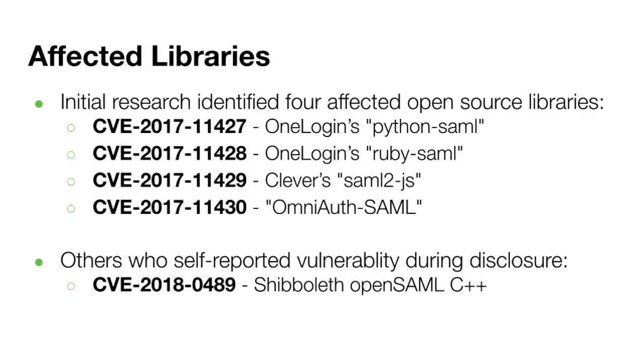The initial research identified 4 open source projects that were affected: Python SAML, Ruby SAML, SAML2.js, and OmniAuth SAML. The last project, interestingly, was actually built using Ruby SAML, so the presence of the vuln ended up propagating into a different project. Throughout our disclosure process, additional projects have self-reported being vulnerable, such as OpenSAML C++.